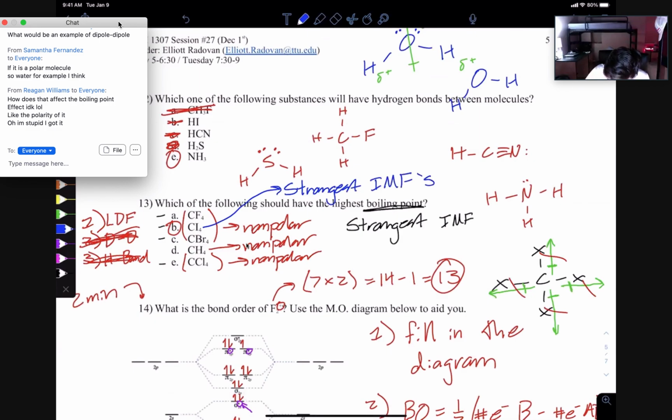And so that causes it to have the highest boiling point, because when you have strong intermolecular forces, those molecules are all held together very tightly. So you have to put in a lot more energy by comparison to cause them to vaporize or to heat up or what have you. Okay. So are there problems with 13?